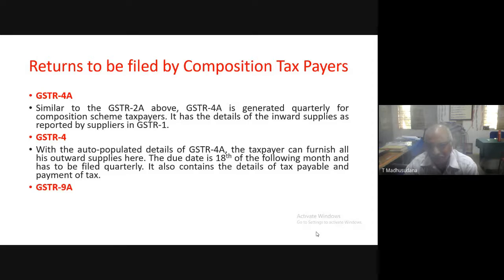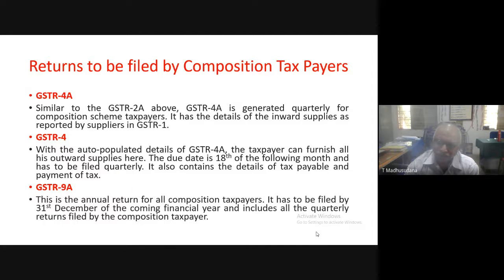Next, GSTR 9A. This is the annual return for all composition taxpayers. So the composition dealers have to file annual returns in GSTR 9A.